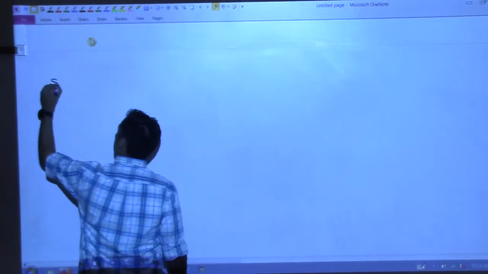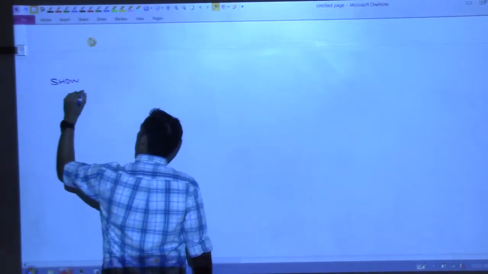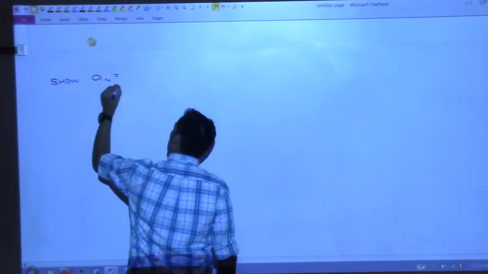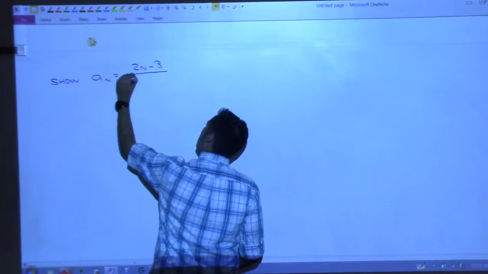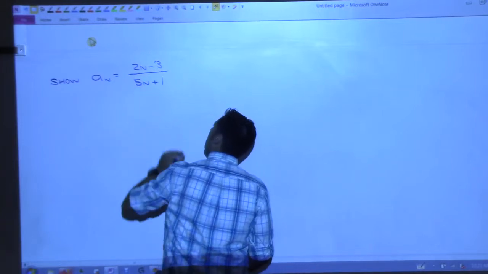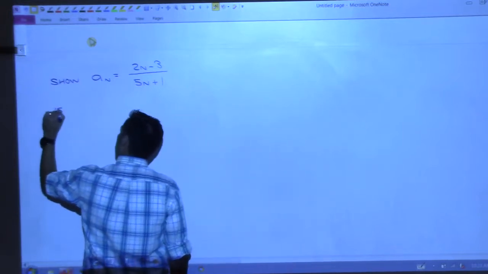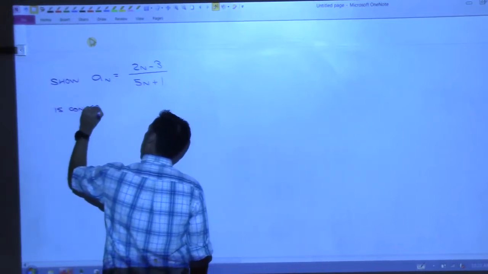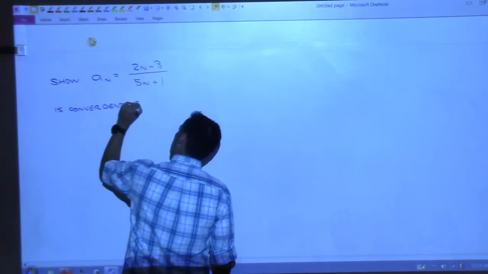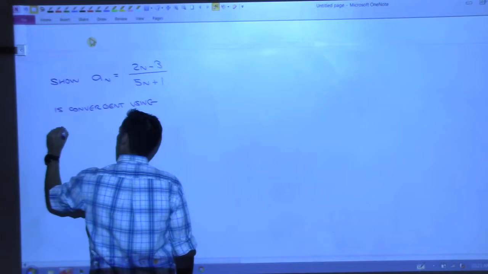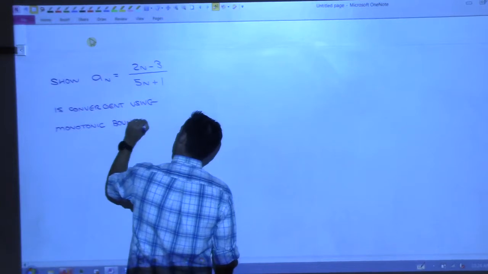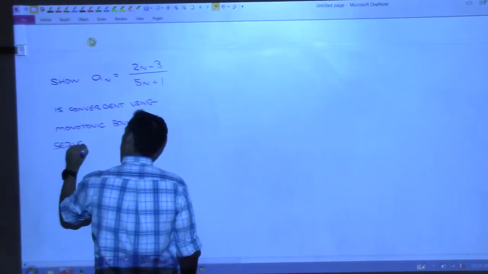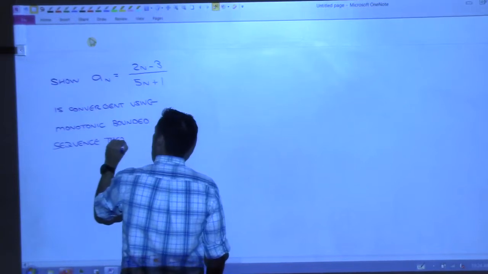Show that a sub n equals 2n minus 3 over 5n plus 1 is convergent using the monotonic bounded sequence theorem.